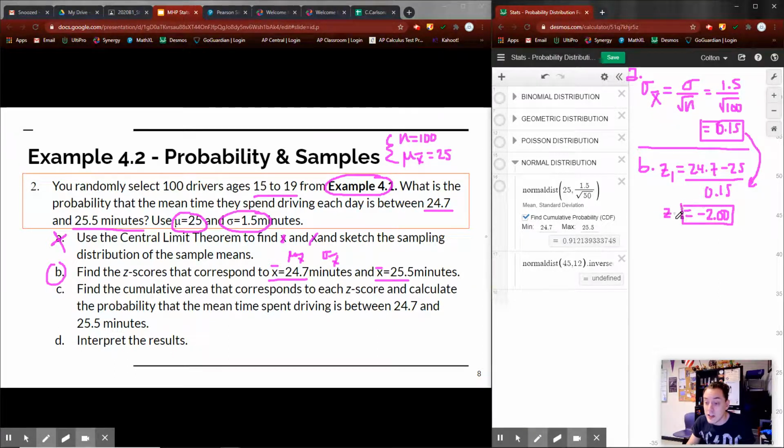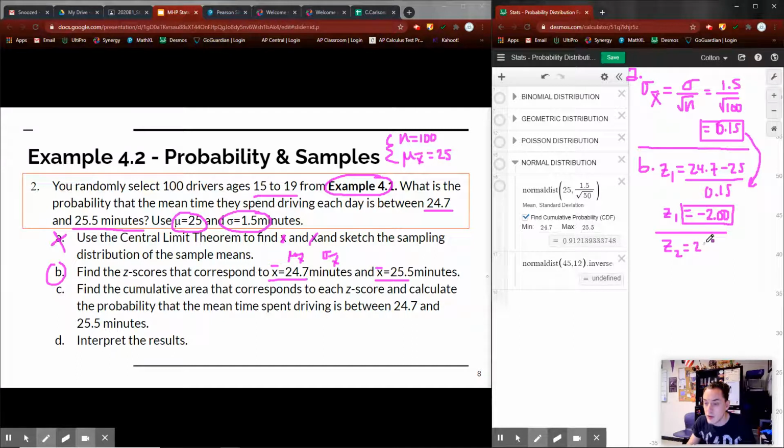Again, I'm not going to use this z-score and plug it in here. I'm going to use my actual mean value data, like 24.7. I'm not going to use my z-scores. I'm finding my z-scores because they're asking me to. And then I want to find my z sub 2.